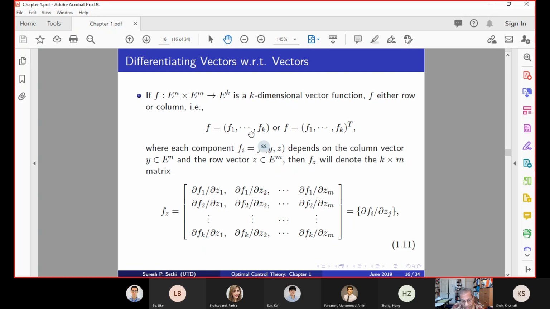This is the function. It's either row or column. I don't really care. It could be row or column. It doesn't matter, because the derivative with respect to this will follow the same rule. So f could be row, or it could be column.